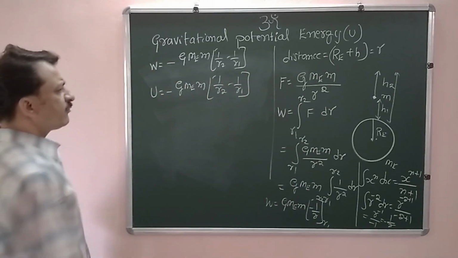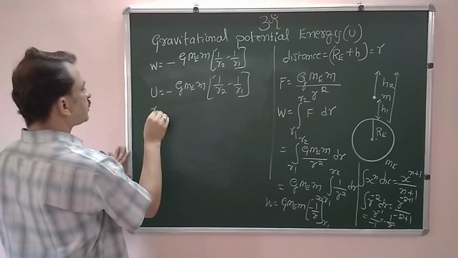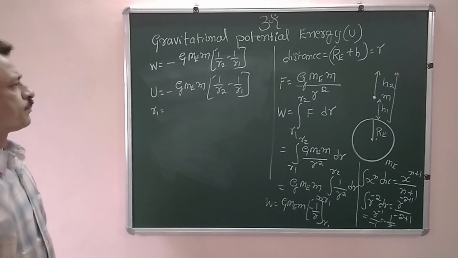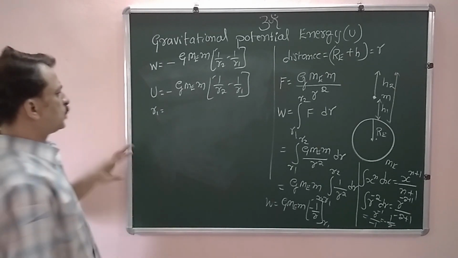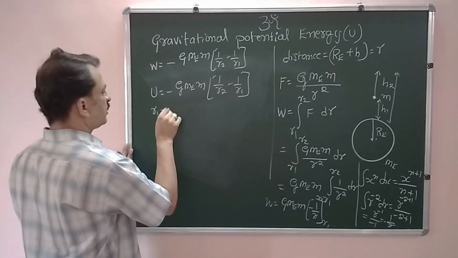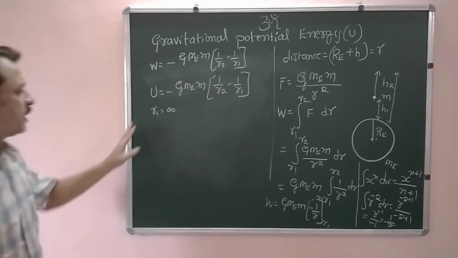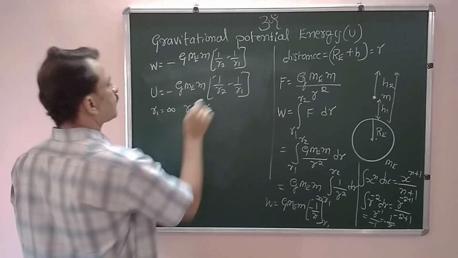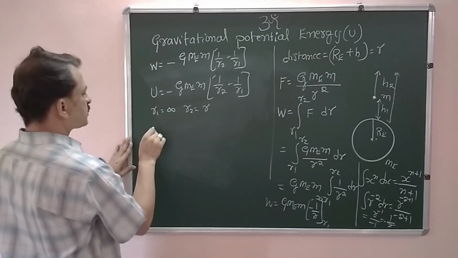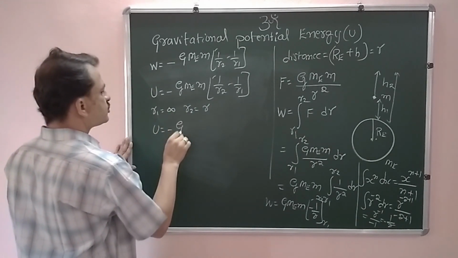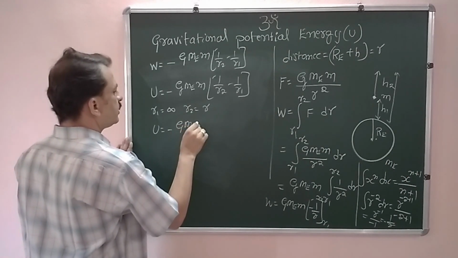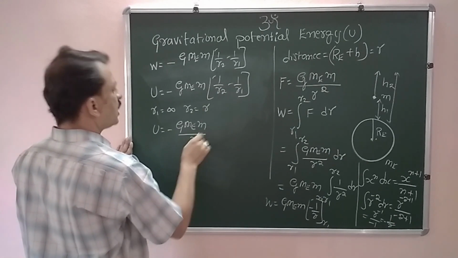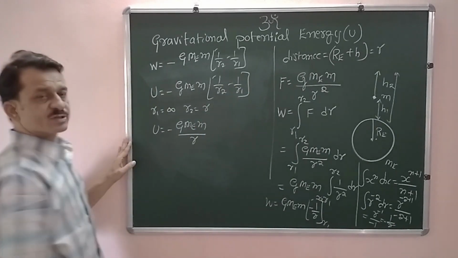Okay. If I choose R1 as infinity, and R2 is equal to R, then the above expression becomes minus G Me m, 1 by R2 becomes 1 by R, and 1 by infinity is 0.